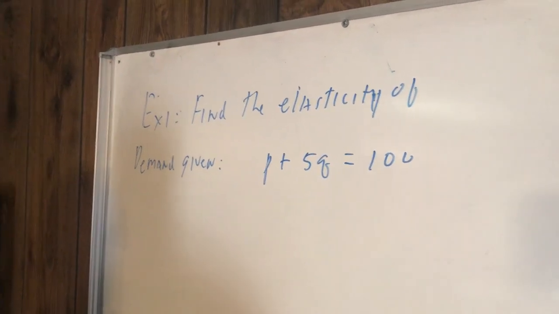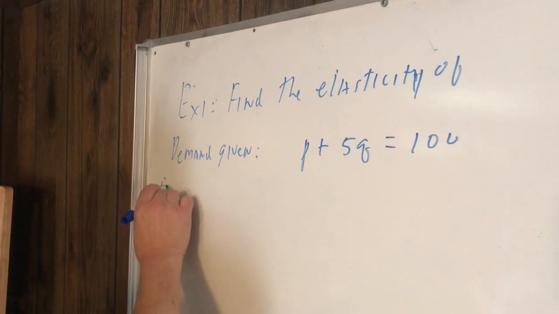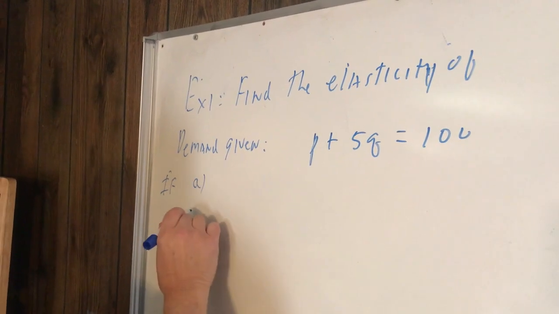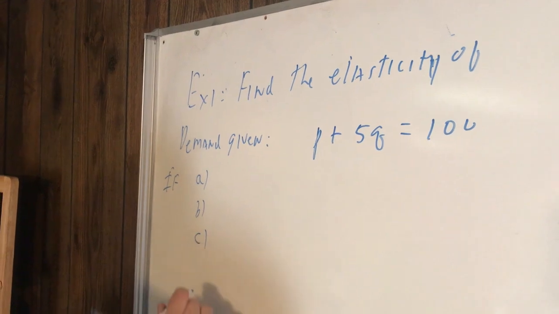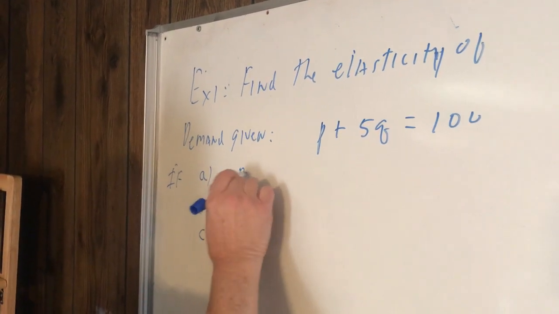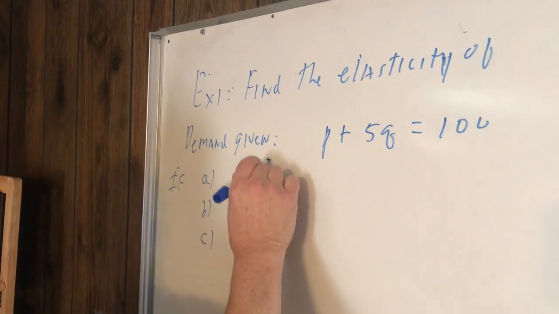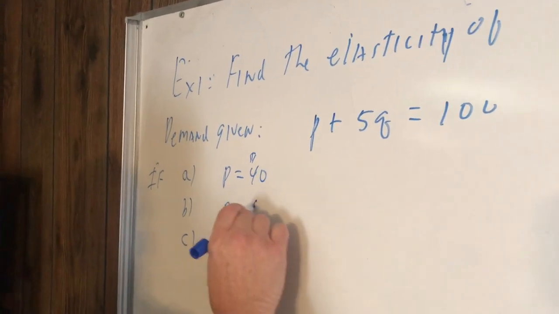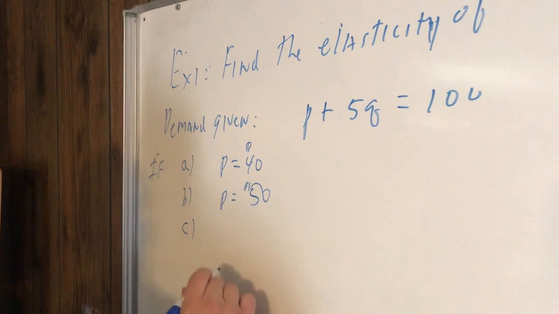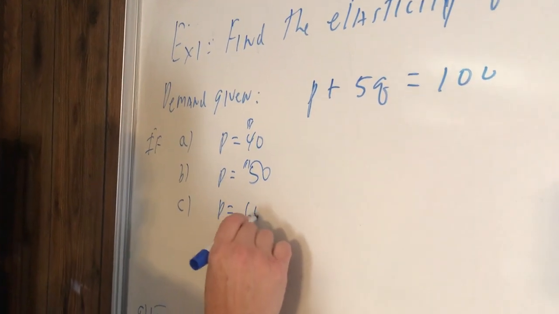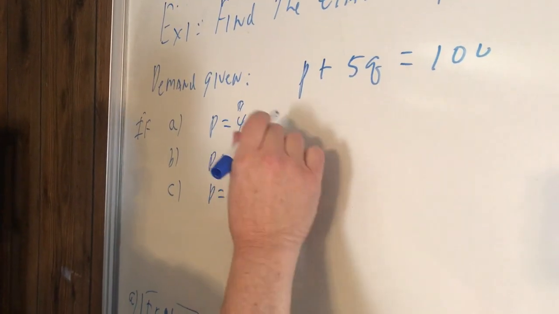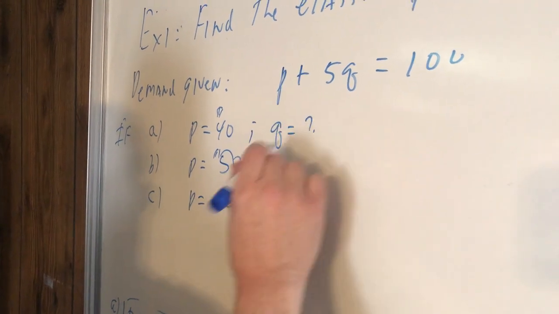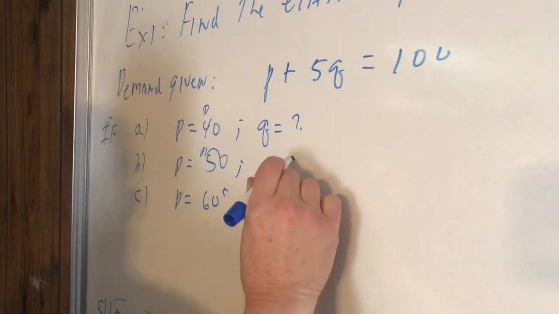All right? And you want to find it when P is $40, when P is $50, and when P is $60. Obviously, you're going to have to find out the corresponding Q's here.